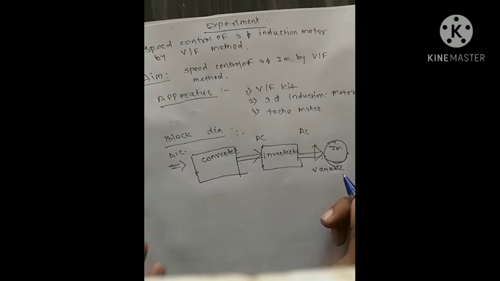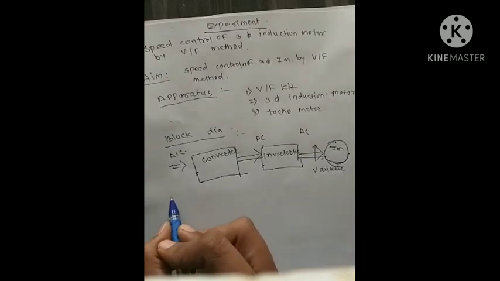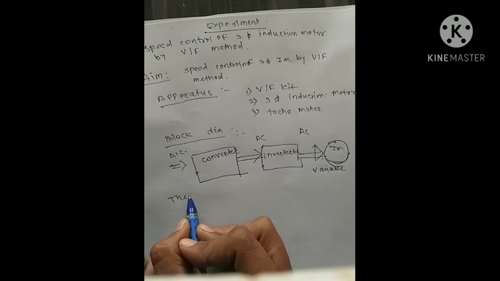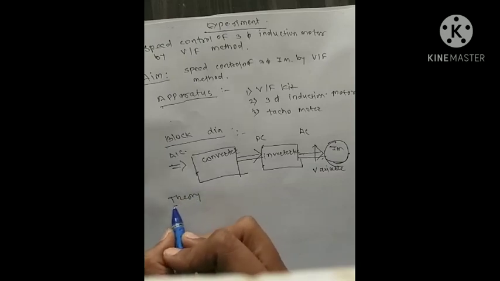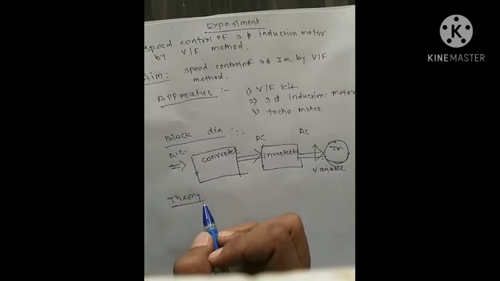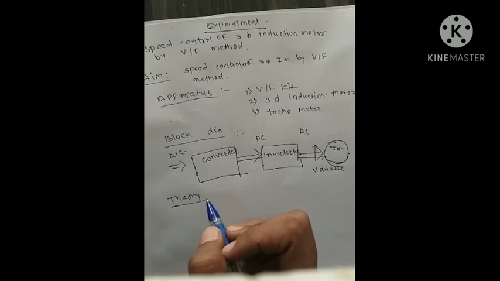Now we explain the introduction and theory of the V by F control method. A three-phase induction motor is typically a constant speed motor. For many applications we have to increase or decrease the speed of the three-phase induction motor.